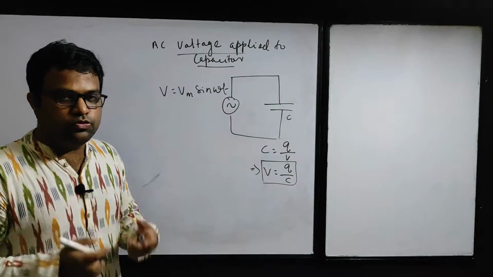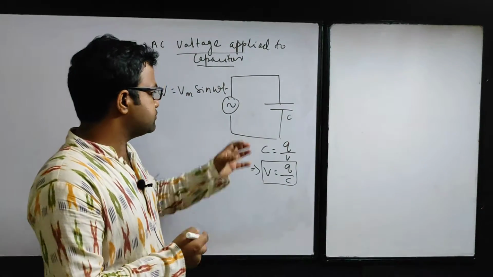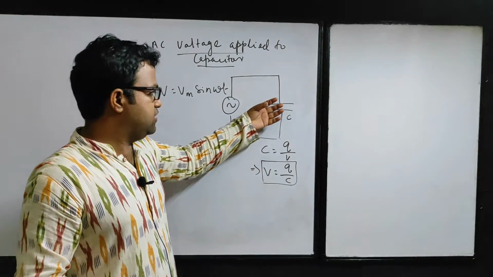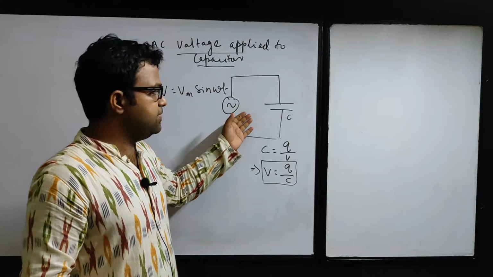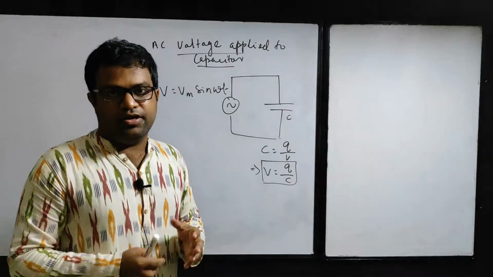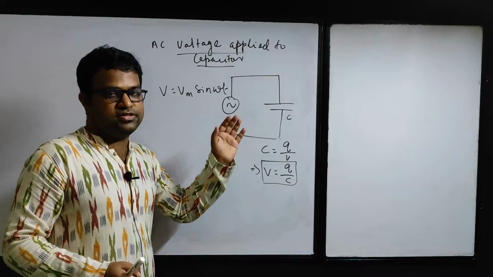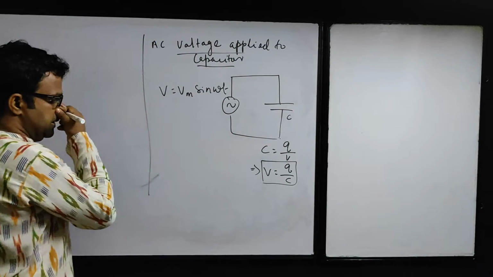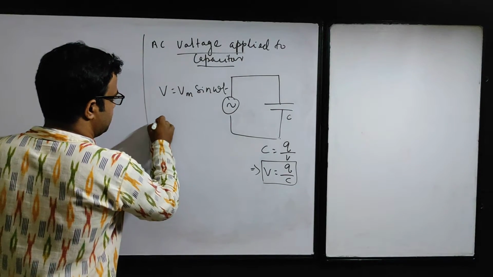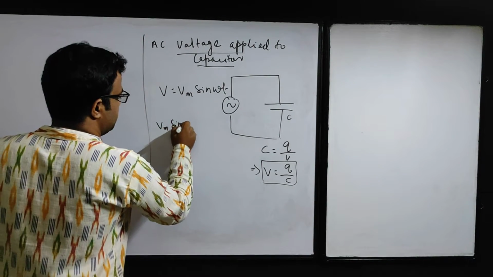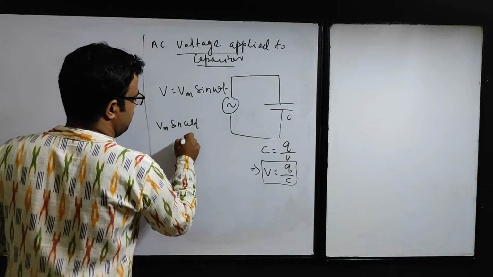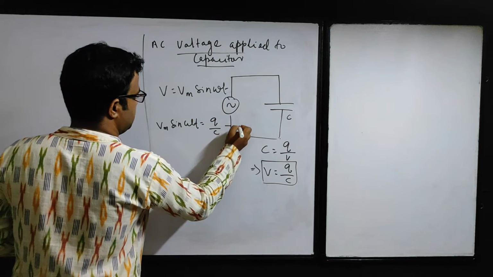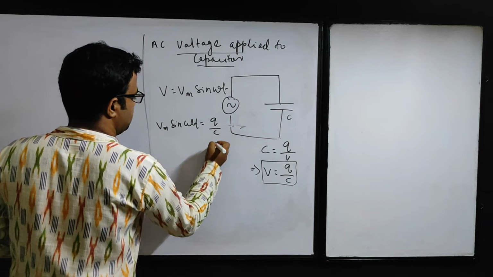Now using Kirchhoff's loop law, this voltage and the voltage across the capacitor will be equal, or you can say the changes in voltage across all the components sum to 0. So you can write Vm sin omega t equal to Q upon C. Let's say this is equation number 1.